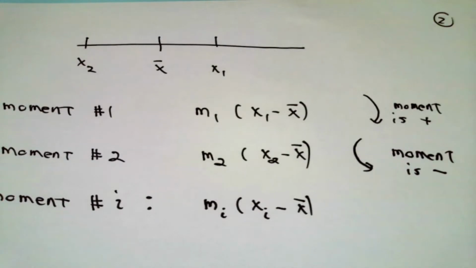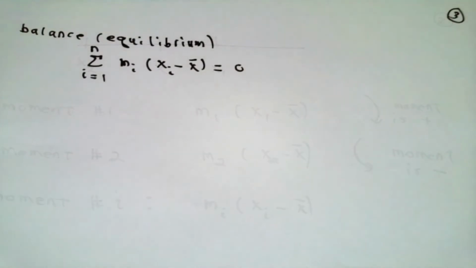To get the overall behavior of the system, we will add up all of these different contributions and see if it's positive, which will correspond to turning in one direction, negative, which is going to correspond to turning in the other, or if it's zero, that's going to mean we're at the balance point. There is no tendency to turn either to the left or to the right.